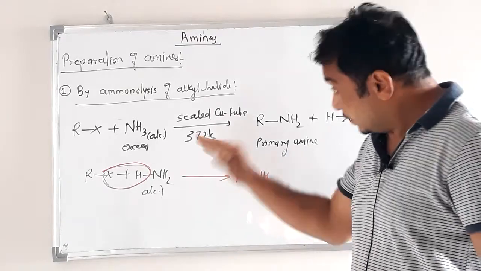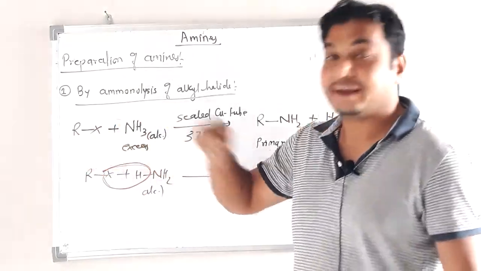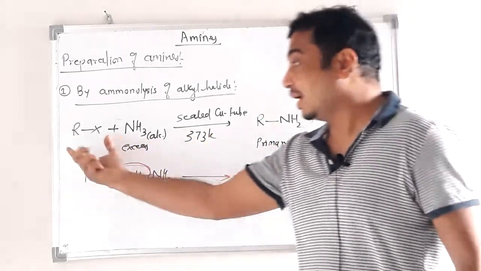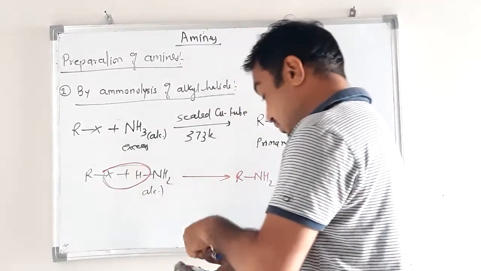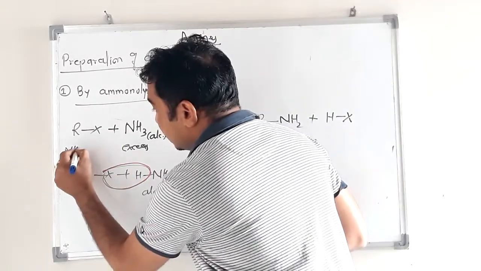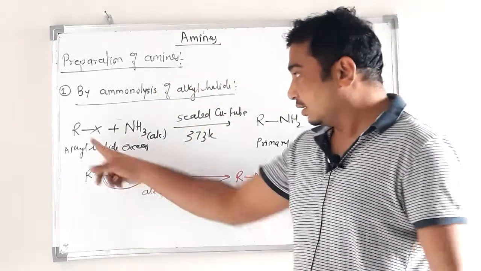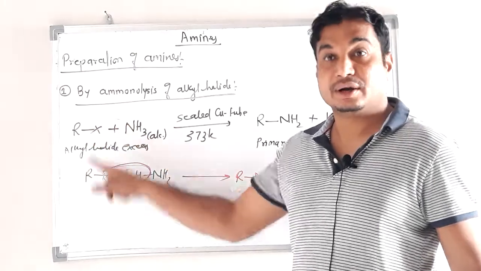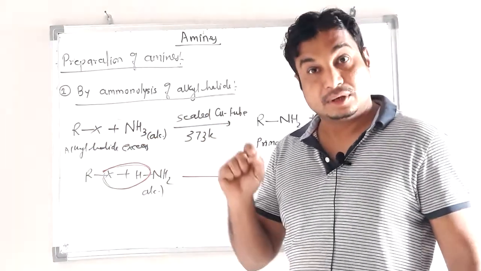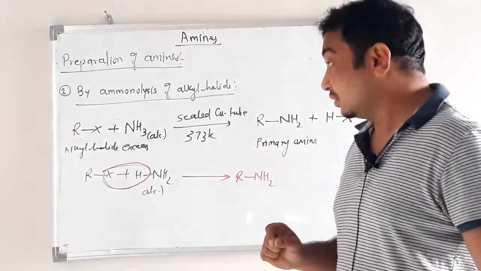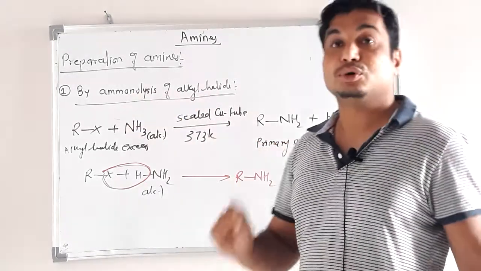And in this reaction particularly, the bond between R and X, the bond between carbon and halogen which is present in alkyl halide, is broken by ammonia, so that's why this reaction is known as ammonolysis.